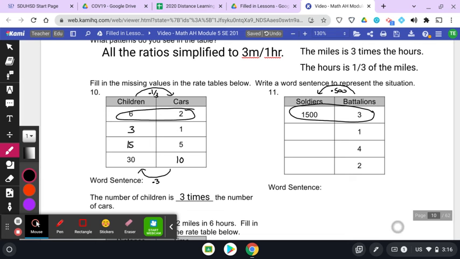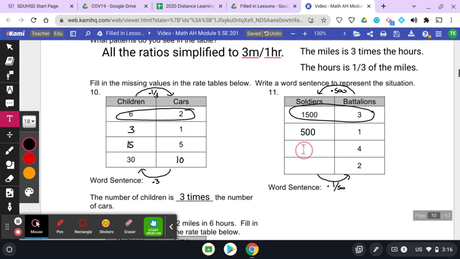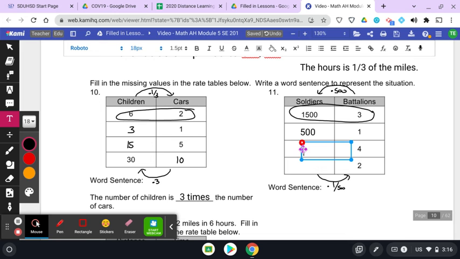Or if I'm going the other way, I would multiply by 1/500 or divide by 500, same thing. So one group is going to have 500 soldiers. Four groups, 4 times 500, is going to have 2,000 soldiers. And two groups is going to have 1,000 soldiers.